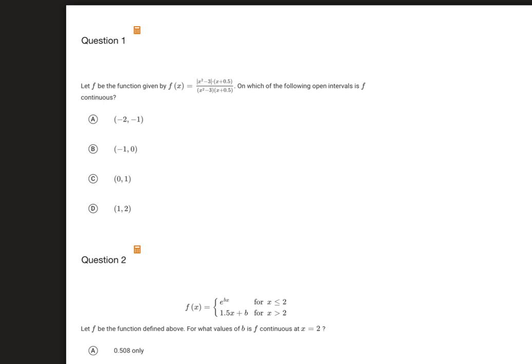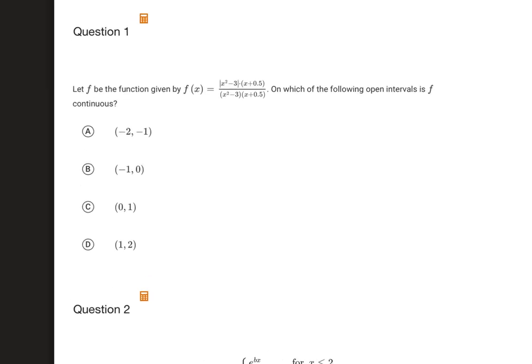And so for this one, I think we'll just figure out the points where it's discontinuous and then find an interval that doesn't contain any of those values. So if you don't care what type of discontinuity it is, if it's a fraction, and each factor on its own is continuous, these are all just polynomials.